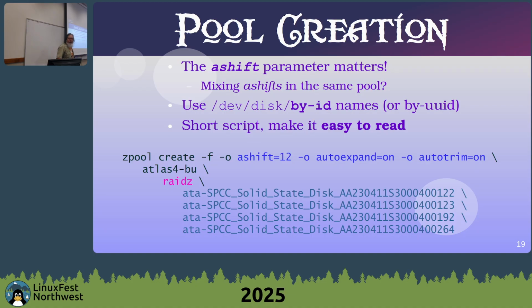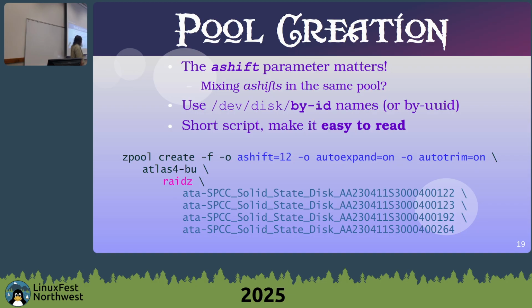Okay, the last thing I wanted to say with this slide is, notice how I'm not using dev SDA, dev SDB, dev SDC. That's because SATA subsystems are renowned for not having a reliable mapping per SATA port per drive name. So you really want to use the serial number of the drive.